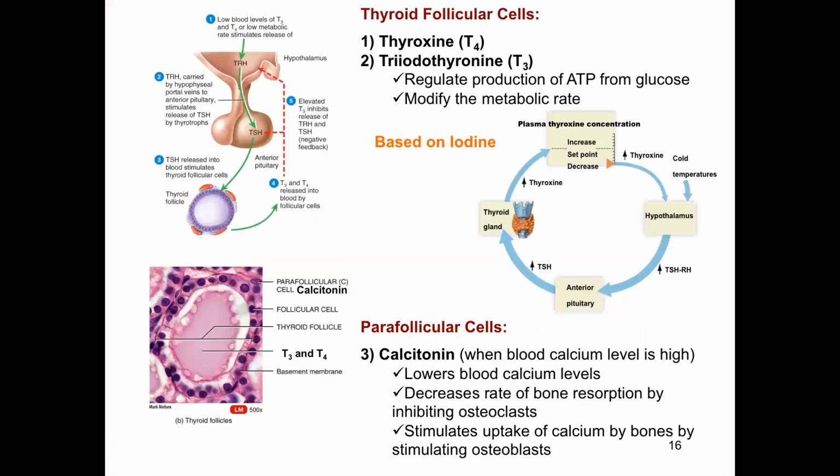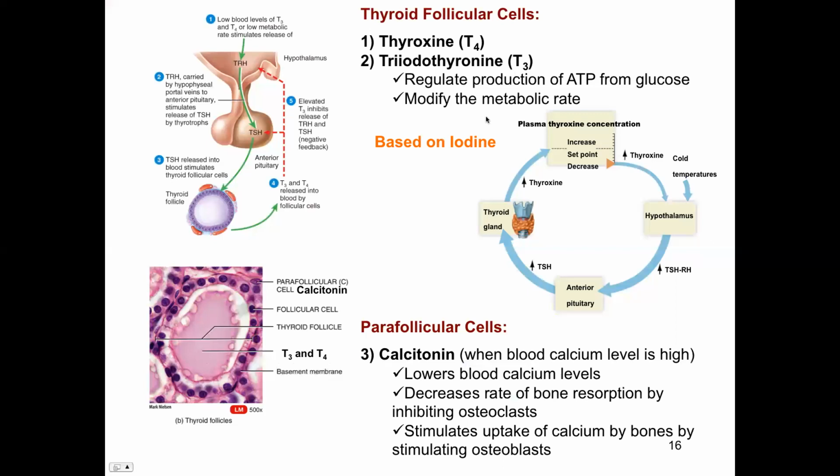There are follicles; a follicle is like a ball of cells with a space in the middle where they secrete the hormone. These follicular cells secrete one hormone, and you can just learn them as T3 and T4. They are thyroxine and triiodothyronine, and what they do is regulate your metabolism.